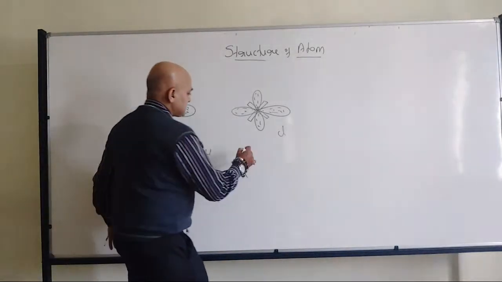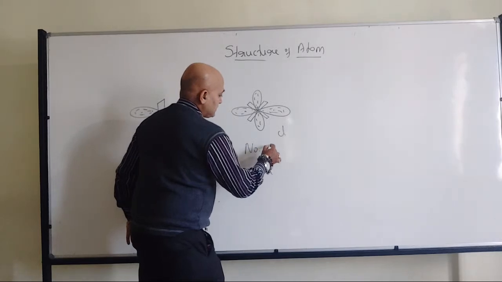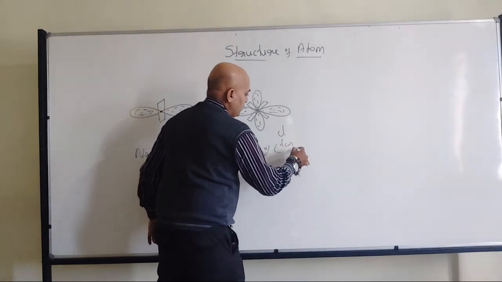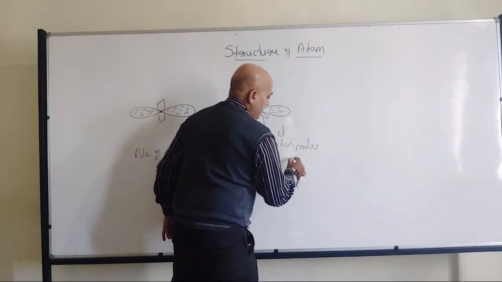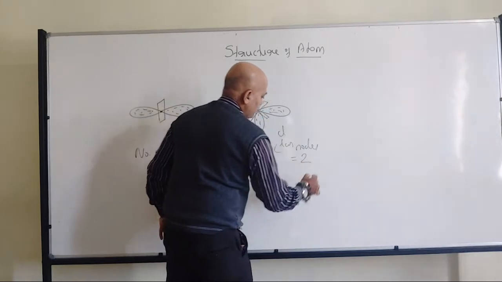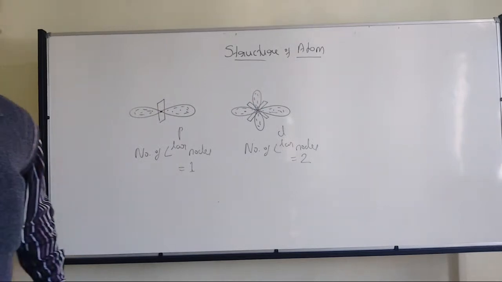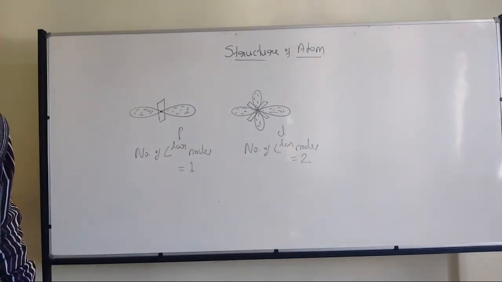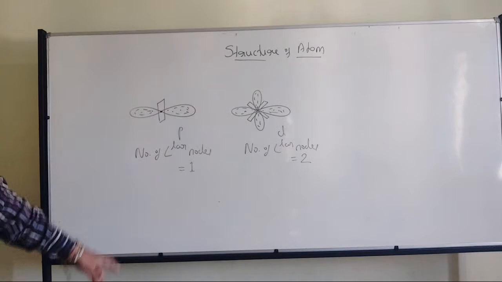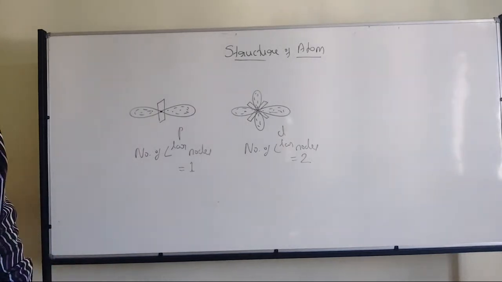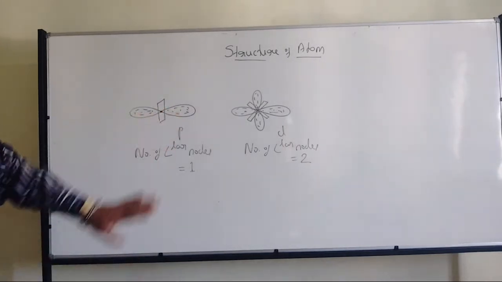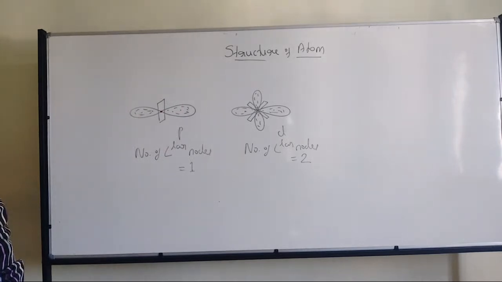When it comes to d subshell, number of angular nodes will be equal to 2. Number of angular nodes will be equal to 2. Here number of radial nodes will also vary, but there it will be equal to 2.